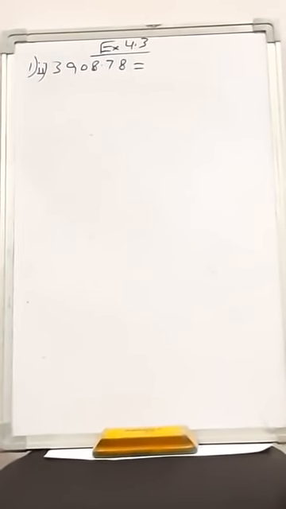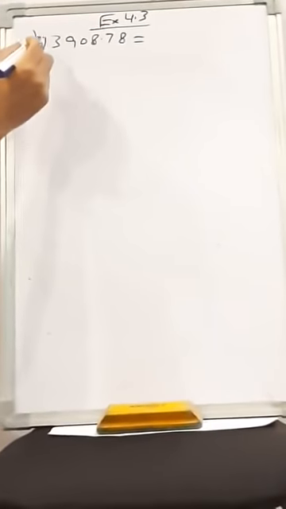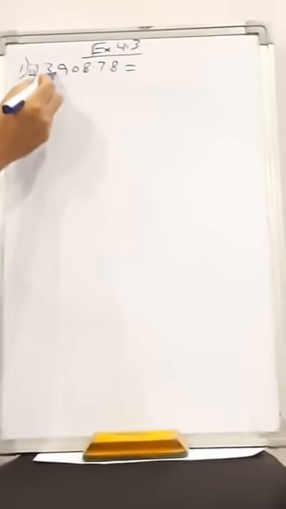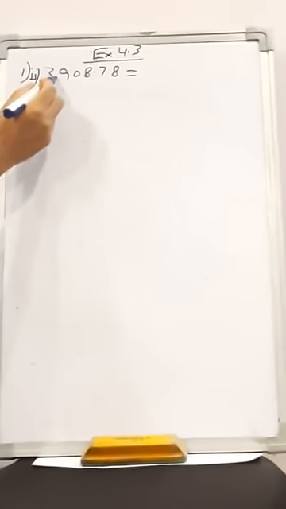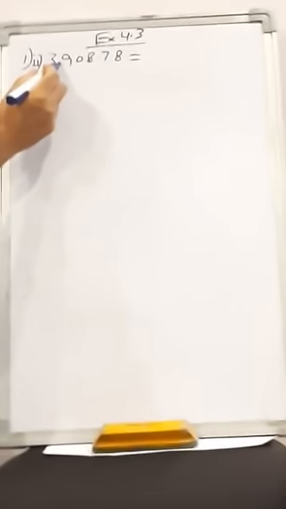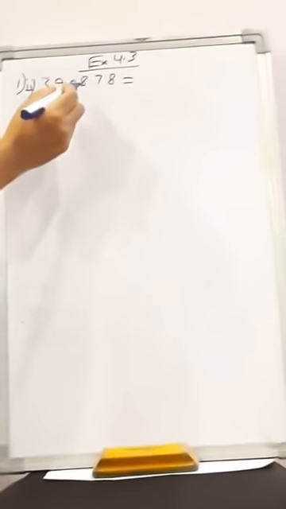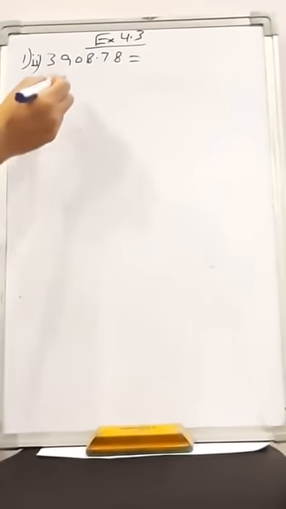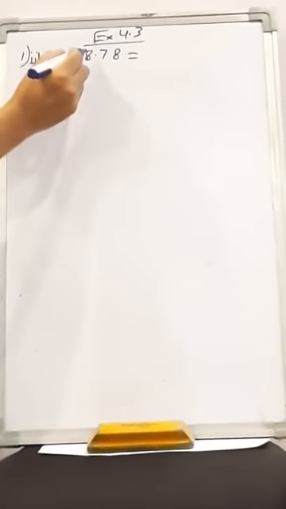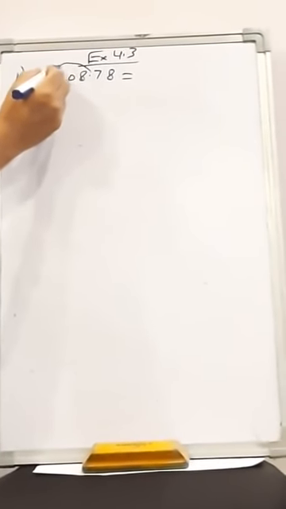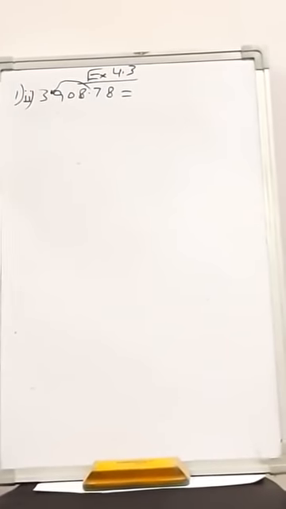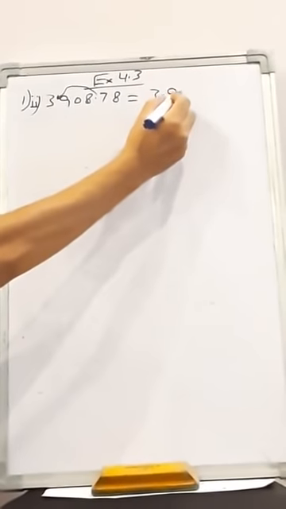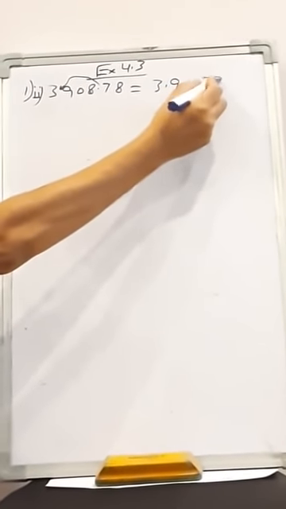In standard form we write the given number by placing decimal after one digit. That means decimal should be placed after 3, 3.9 something. But here a decimal is already placed, so this is already a decimal number. That means this decimal has to be shifted here after 3. So it would be 3.90878.